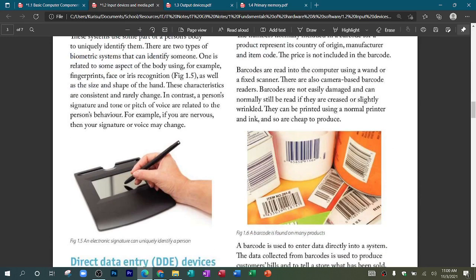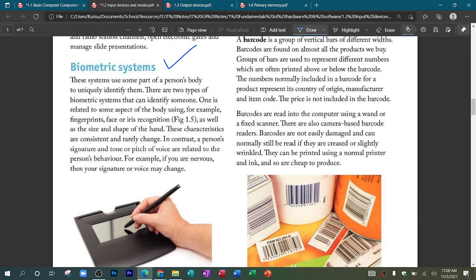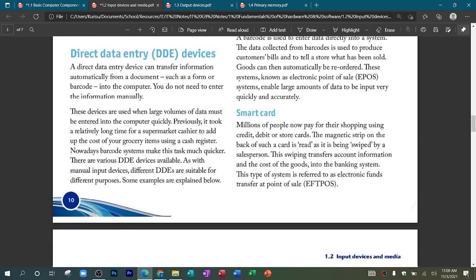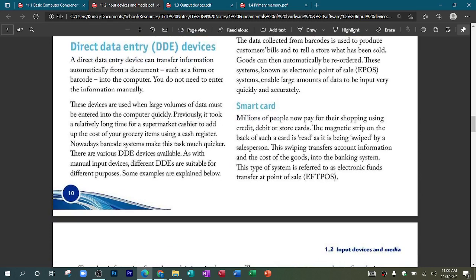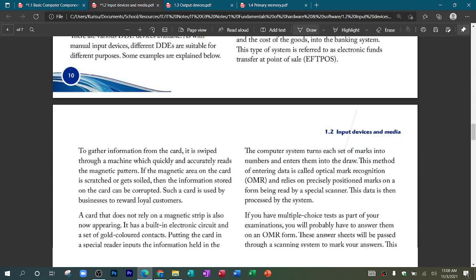For example, it's going to transfer the country of origin, the manufacturer, the item code, and so on. All of that information goes in automatically. We have the smart card, which is used for credit cards, store cards, and debit cards.